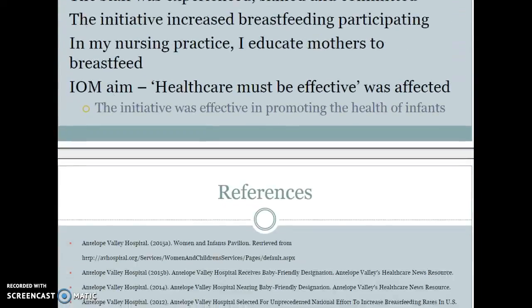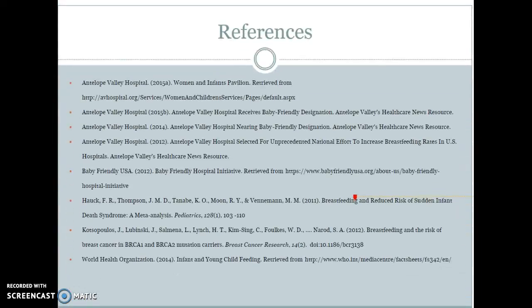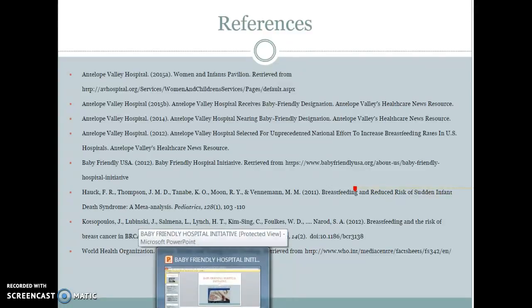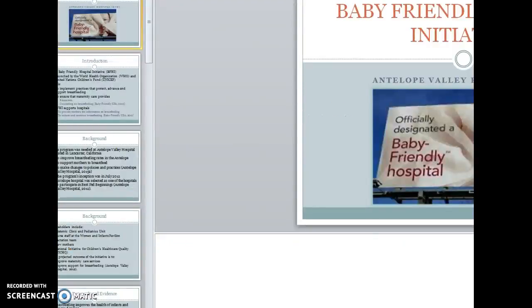Okay, and then you have your reference page. Personally, I understand why you want to make one slide a reference page, but I always think it's important to kind of keep your font consistent. But this is fine.